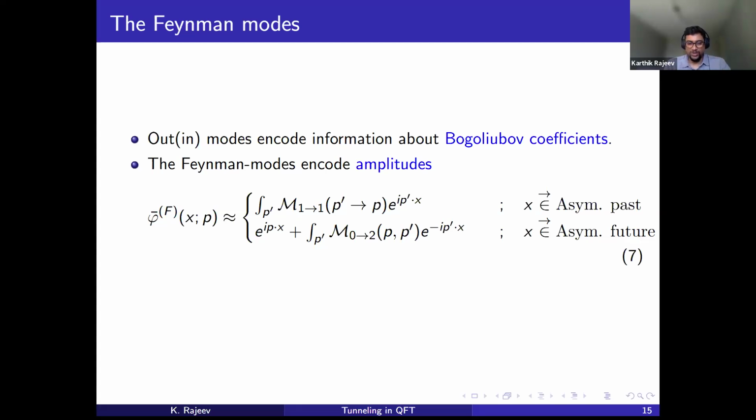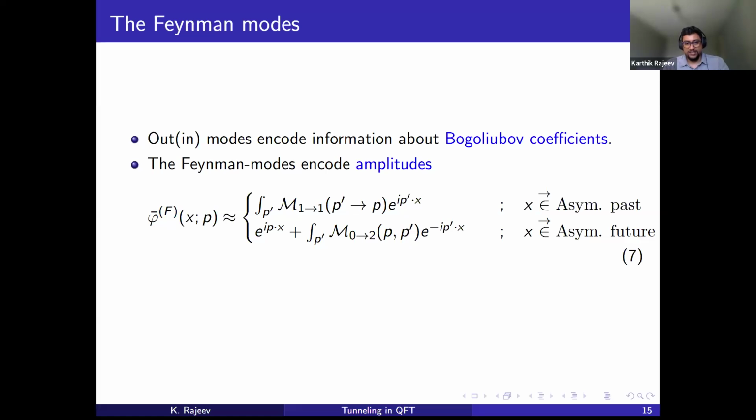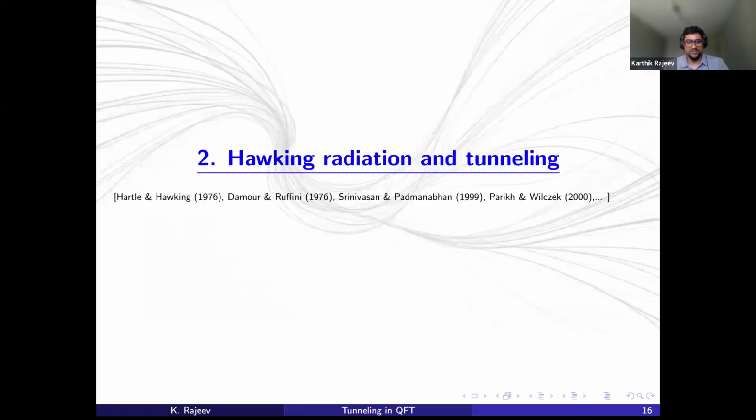The pair creation amplitude is now encoded in the future, which sort of makes sense if you ask me, because particle production happens in the future. Okay, so with this picture in mind, let's see how this is connected with tunneling. Now, Hawking radiation and tunneling has a long history. It dates back to, in fact, Hartle and Hawking themselves, and then several others.